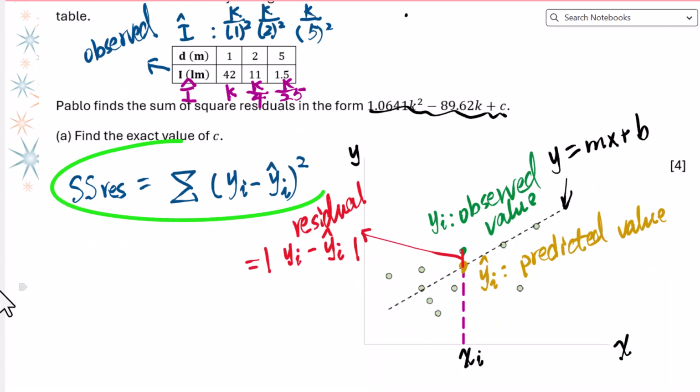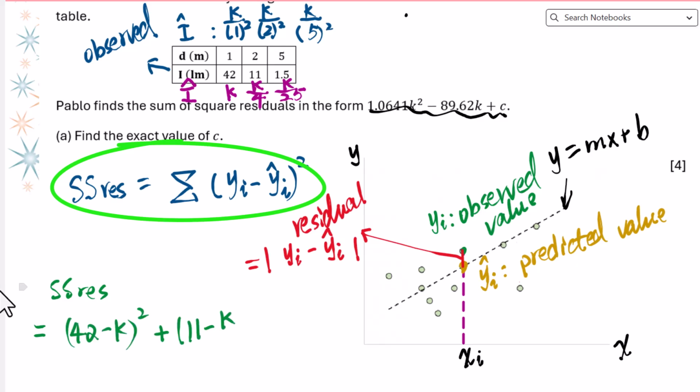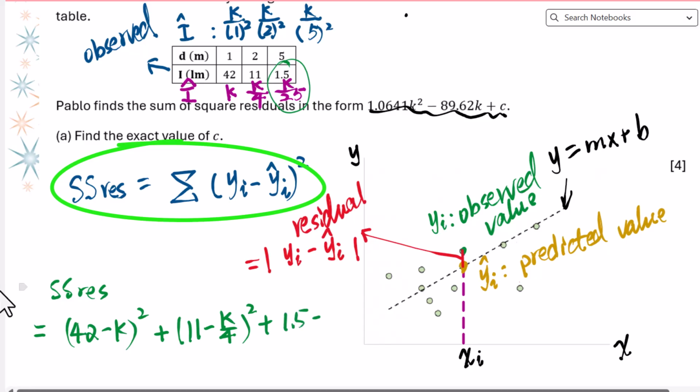Based on the formula of sum of square residuals, we got 42 minus k, squared, plus 11 minus k over 4, squared, plus 1.5 minus k over 25, squared.